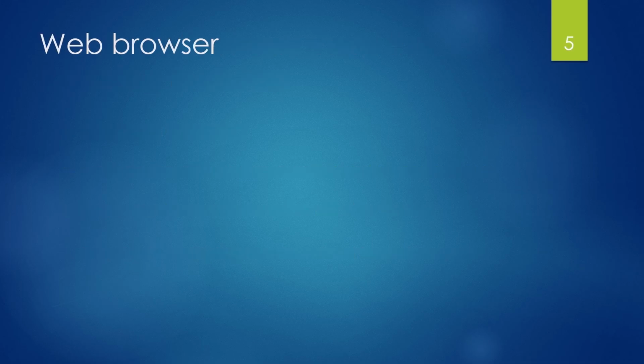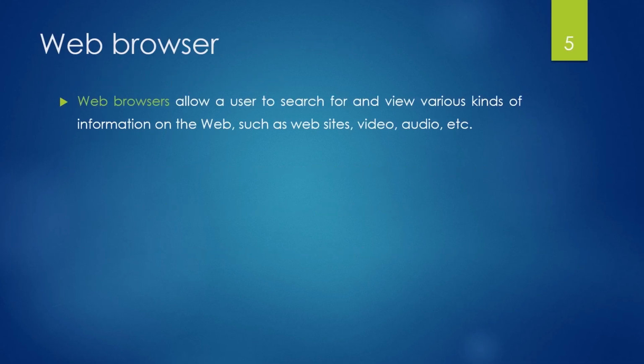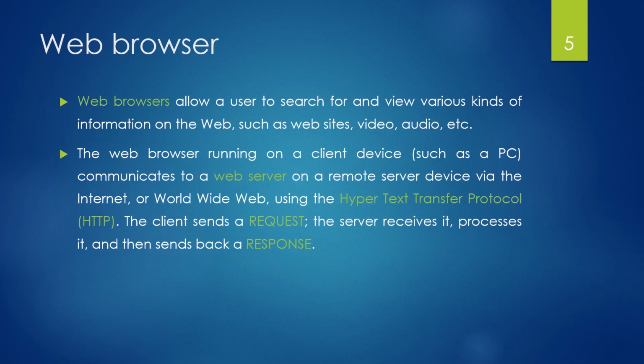Now we are going to look at the web browser. Web browsers allow a user to search for and view various kinds of information on the web, such as websites, video, audio, etc. The web browser running on a client device, such as a PC, communicates to a web server on a remote server device via the Internet or World Wide Web using the Hypertext Transfer Protocol, which is also known as HTTP.